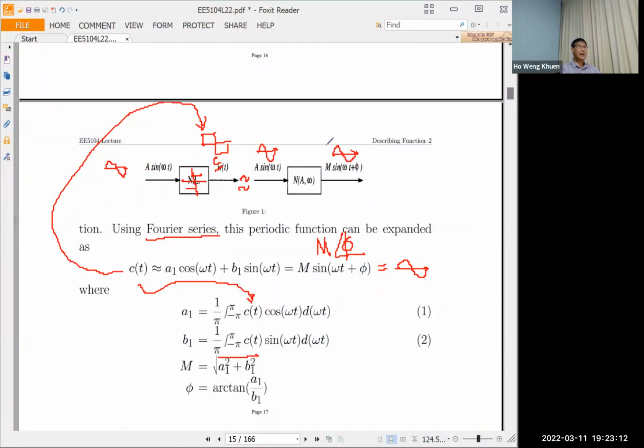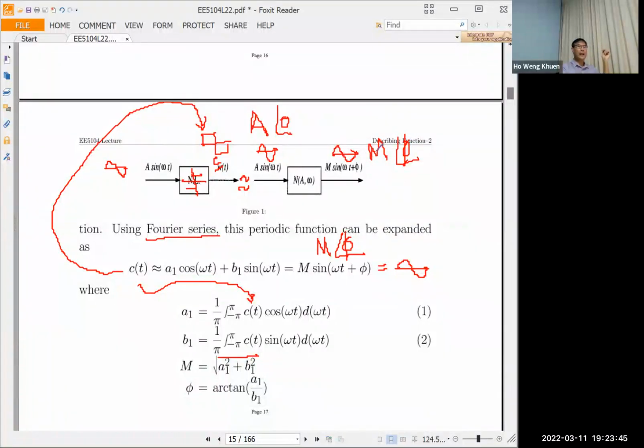And we always like to write this as M phi. And this input, we always like to write as A, phase 0. So now this system here is approximated by this system with input A, phase 0, output amplitude M, phase phi.